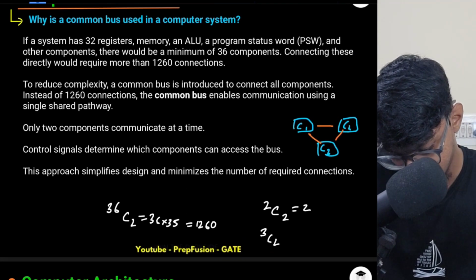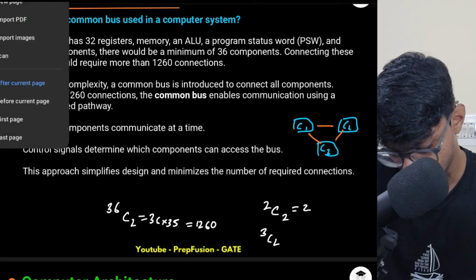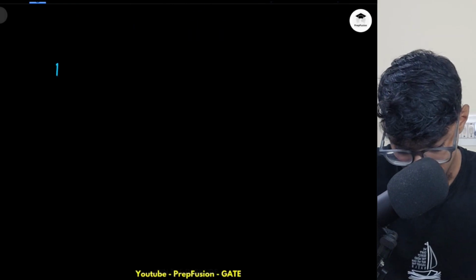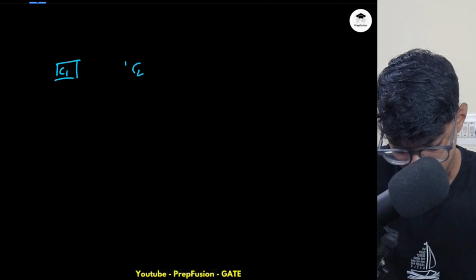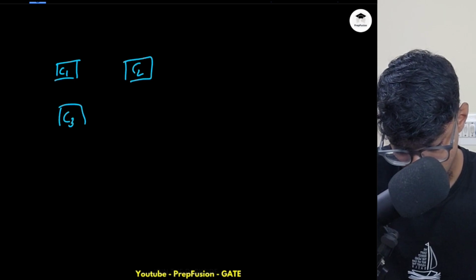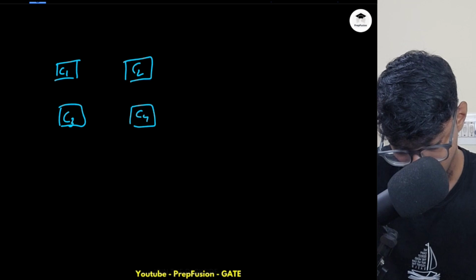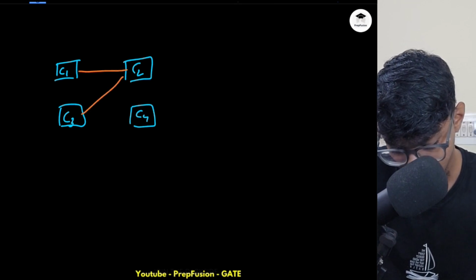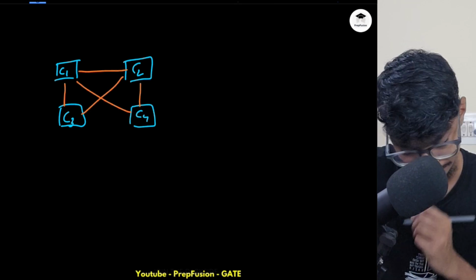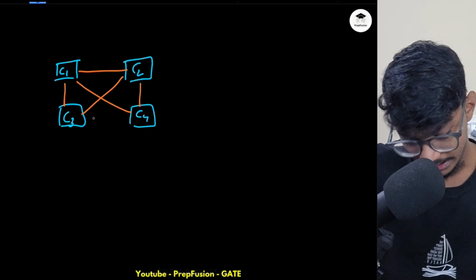I'll go to the next page. This is C1, this is C2, this is C3, this is C4. Now it should be connected here, here, and here, and this also should be connected.